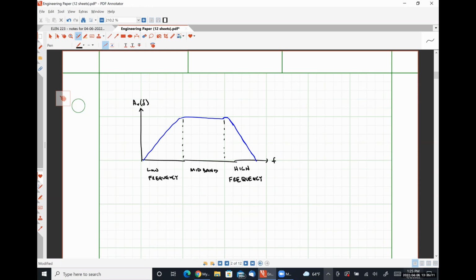And if that pole occurs in frequencies we intend to use this on, that's a problem. So we use pole splitting to push a pole to very, very low frequencies where it doesn't matter, and extraordinarily high frequencies where we wouldn't use it, so that we extend the width of our midband region. That's a 5-minute encapsulation of what we're going to spend the next 2 months on.